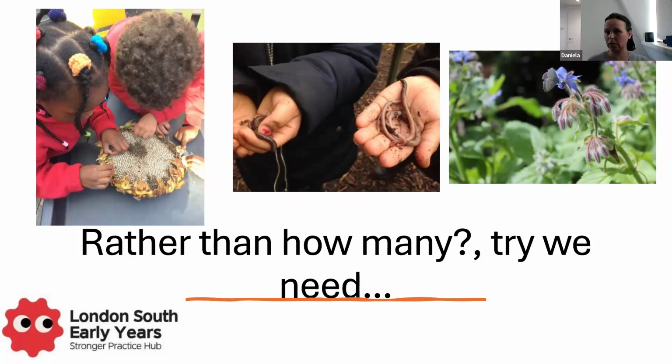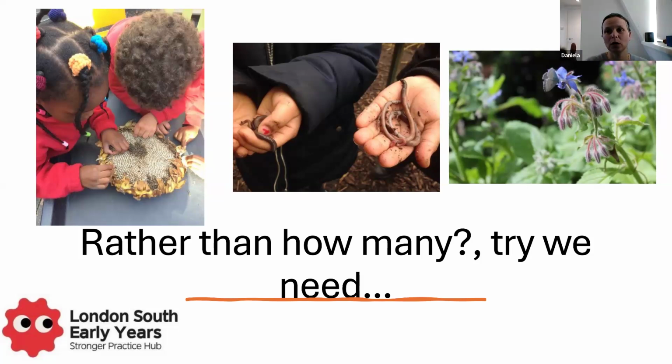Some children will be really excited to count out exactly how many, but some might drop the task. Whereas if we said, it'd be really helpful if you could get 5 worms into the compost bin because we're a bit low on worms, they could be really excited about being really precise and counting in their worms because it's a task that you need doing in your garden space.